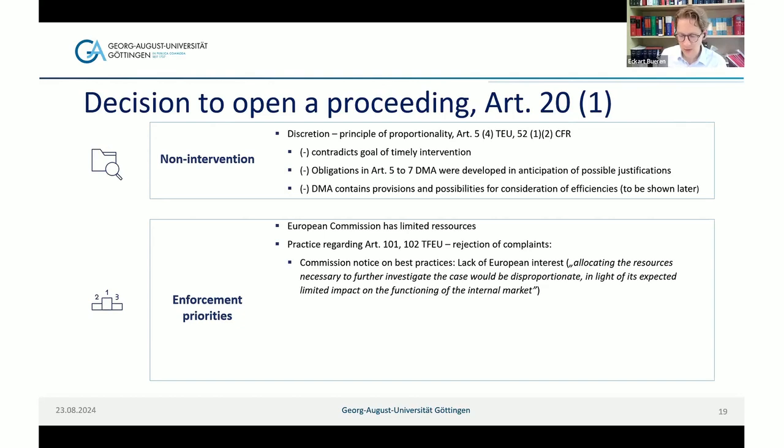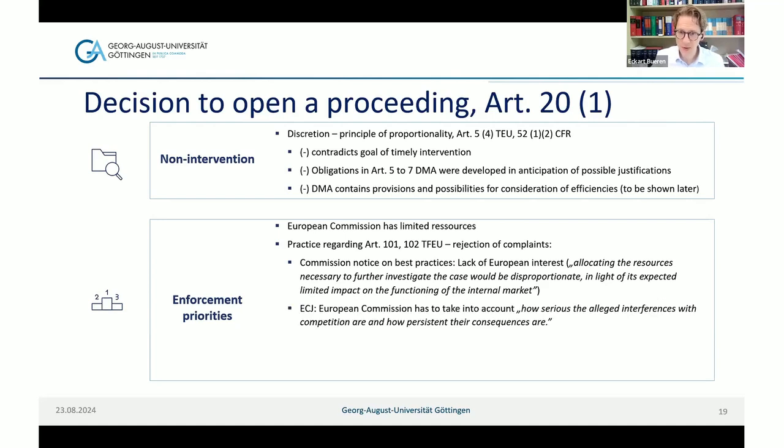It might be a limited likelihood of establishing the proof of an alleged infringement, but it might also be in light of its expected limited impact on the functioning of the internal market, and it's about how serious the alleged interferences with competition are and how persistent the consequences are. So also there, the Commission looks at effects. And this has also been confirmed by the European Court of Justice.